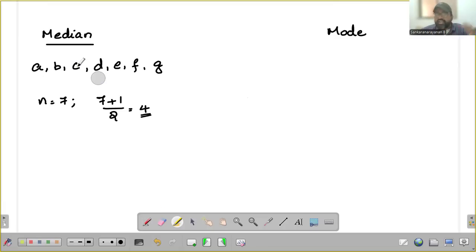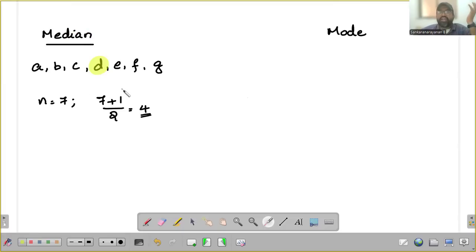So after writing these observations in the ascending order, you locate that fourth observation. The fourth observation you can see that is D, which I have written here. I don't know what value it is, but that fourth observation, which is located exactly in the middle, is going to be the median. Got the point?